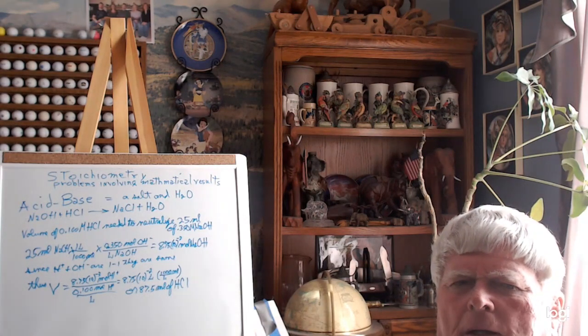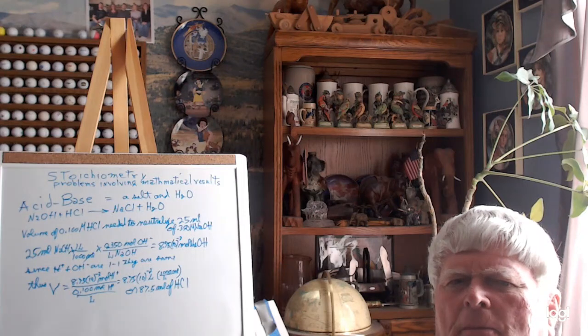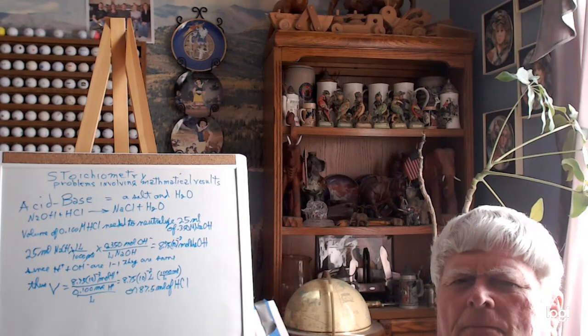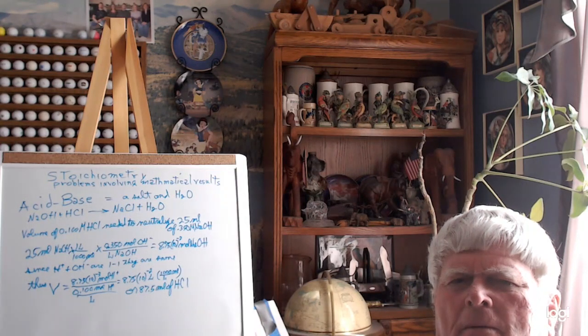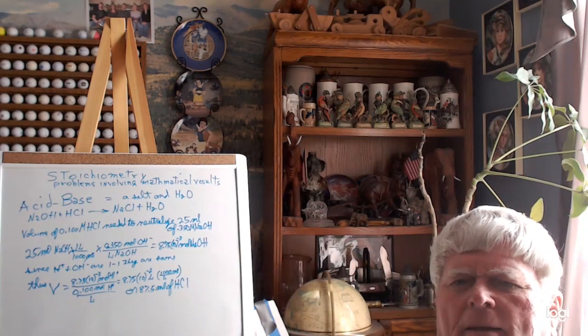Now, the first thing you've got to do is find out how many milliliters you're going to have to get for the equivalence of sodium hydroxide. You do that by taking the 25 milliliters of the sodium hydroxide and changing it back to liters by dividing by 1,000.